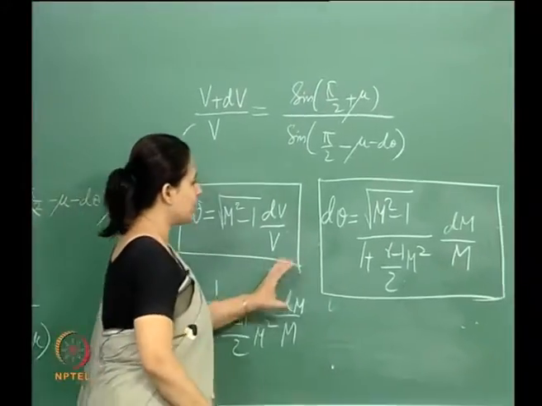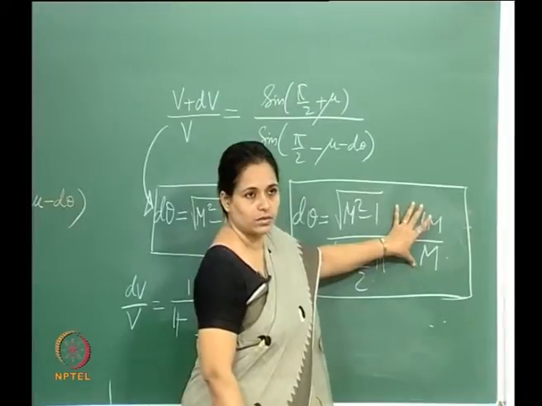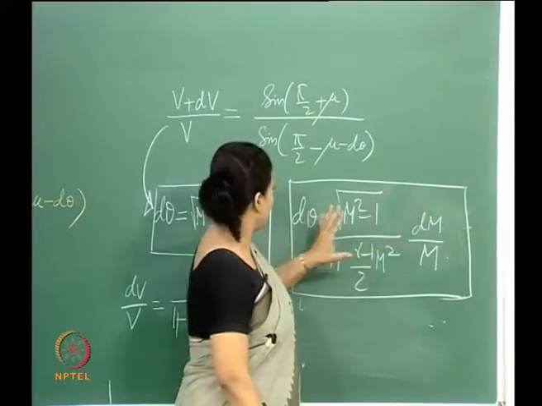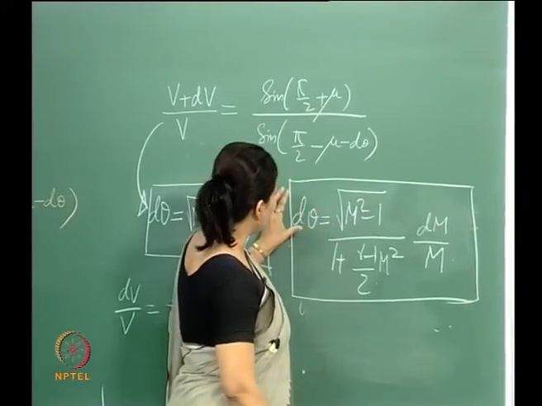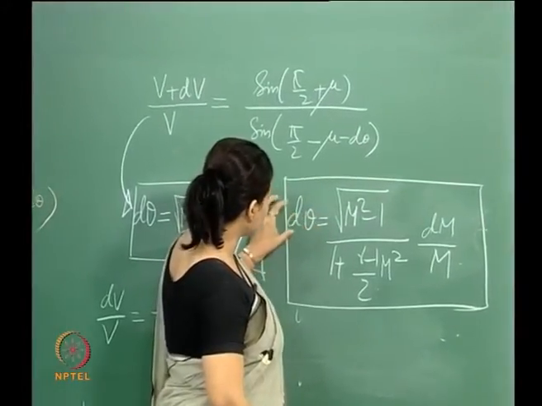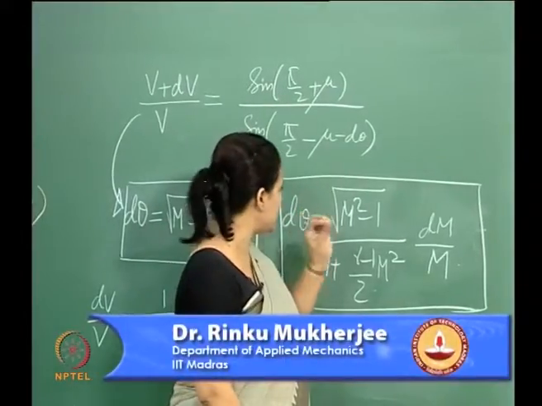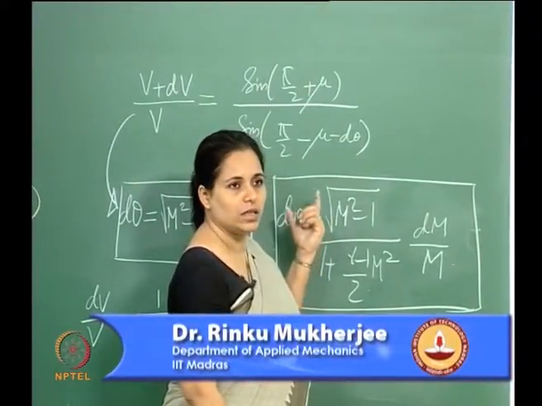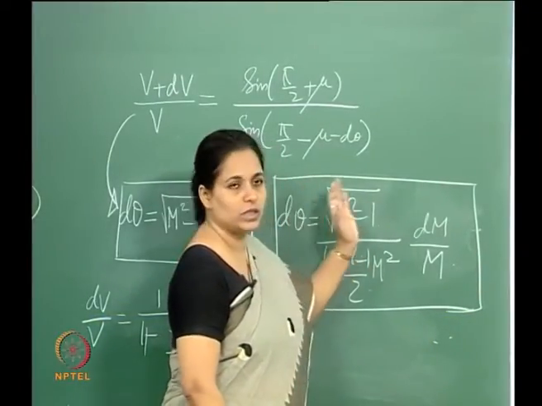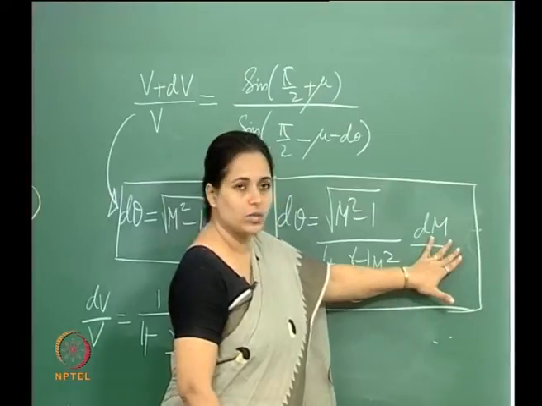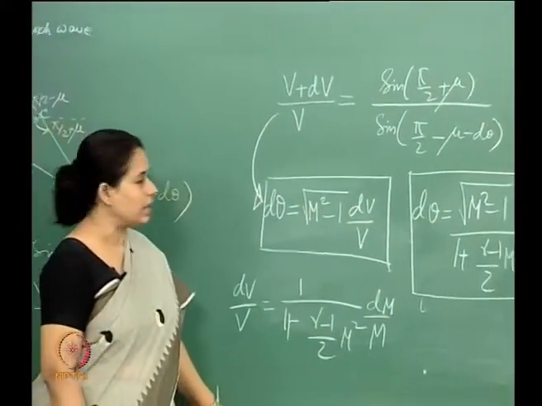Okay. So, what we are seeing over here is that for a given Mach number, if you turn the flow for an infinitesimal change in the turning angle d theta, this is the relationship between the change in the Mach number and the change in the deflection angle, right.